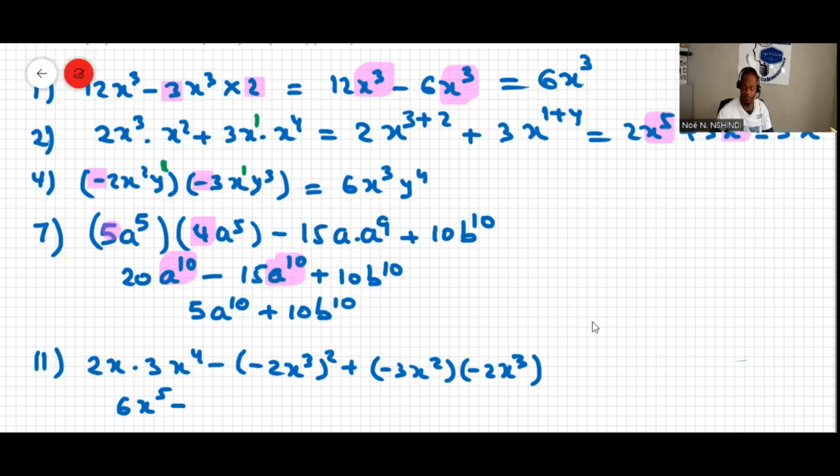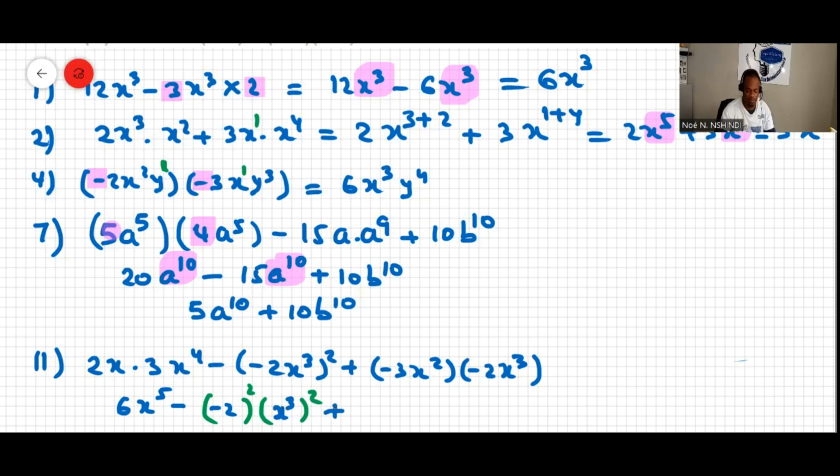Okay, minus here, careful. This other minus is in the brackets, and then there's a power of 2 there. You can work out this first. So negative 2 is like we have this. Okay, so that makes negative 2 squared, and then x cubed squared.